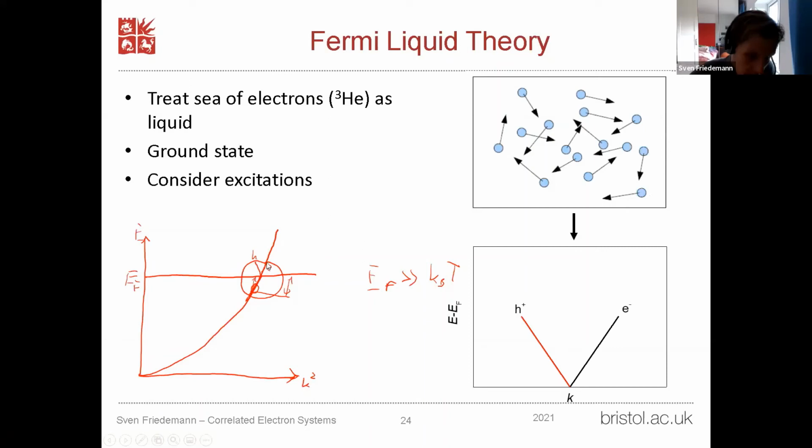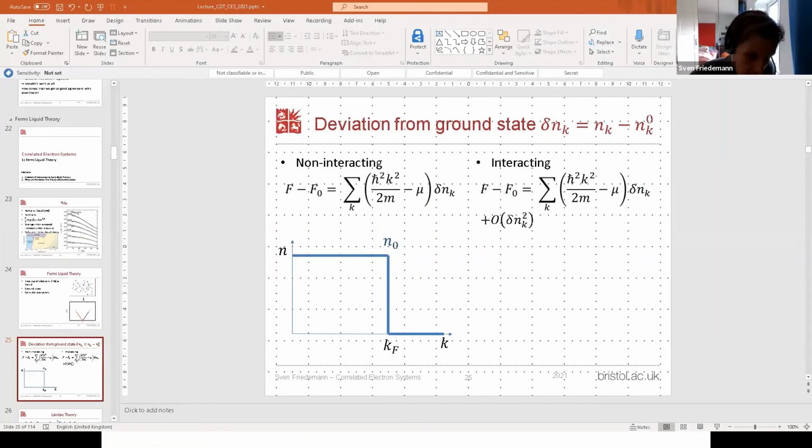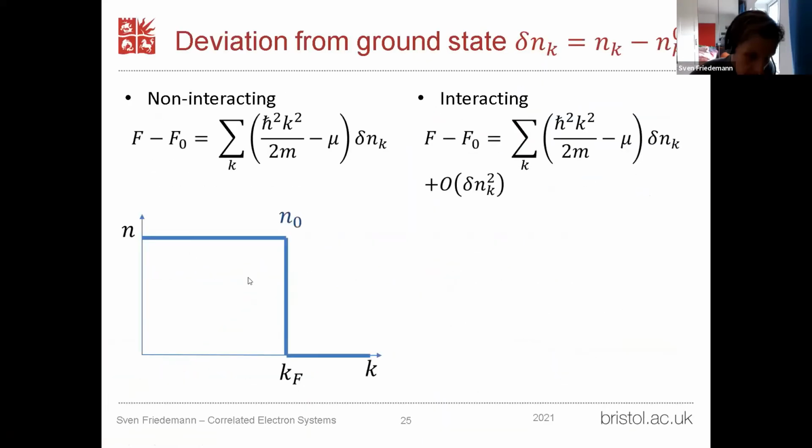What does it do if we put an additional electron into a state up here? What does that do to the Fermi surface? What does that do to all the other particles? So formally, we have to write this by considering the response to the change in the occupation.